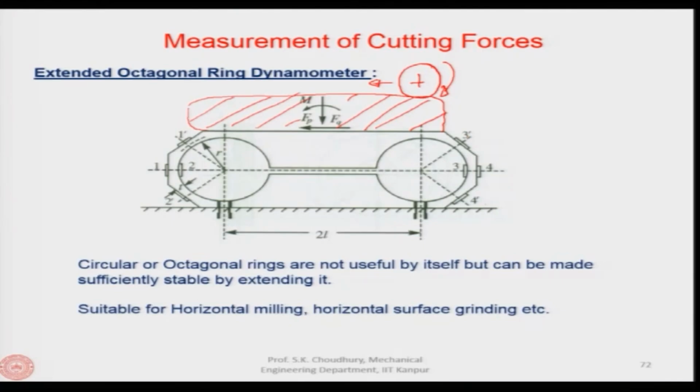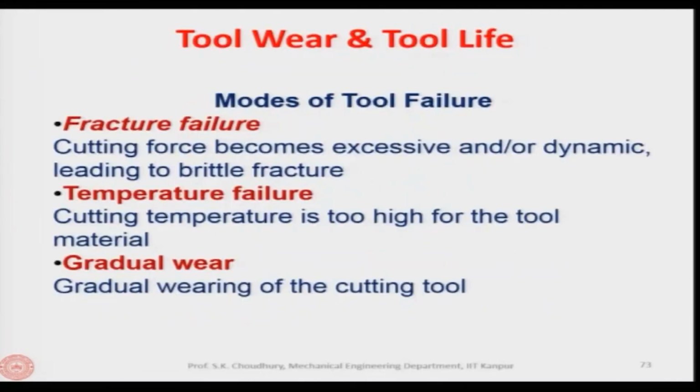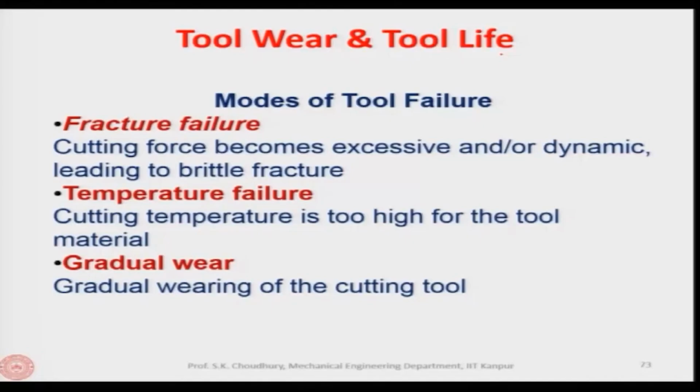Okay. Next to this, our topic will be tool wear and tool life. Let me give you a preamble: this is a very important topic because the tool material is very expensive. The tool material is harder than the workpiece material, and it should have less wear than the workpiece.